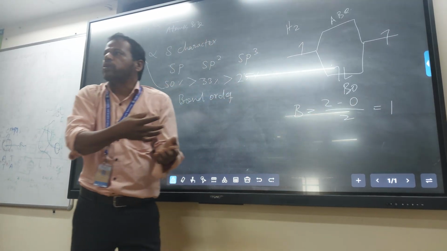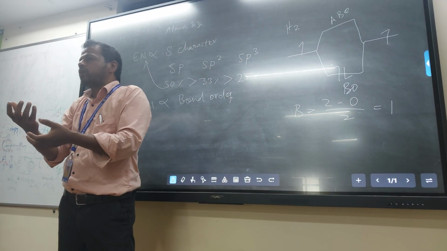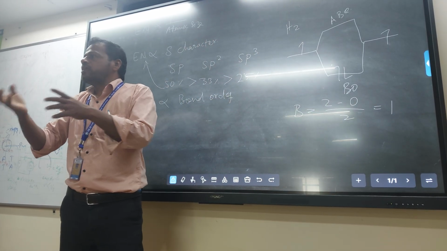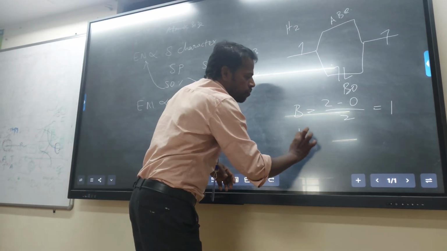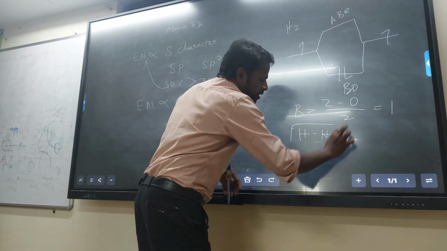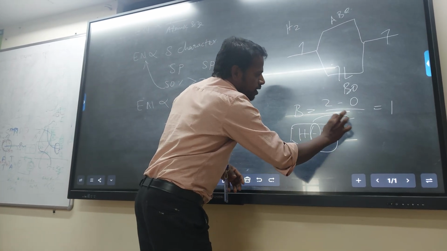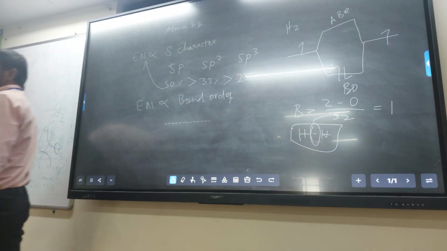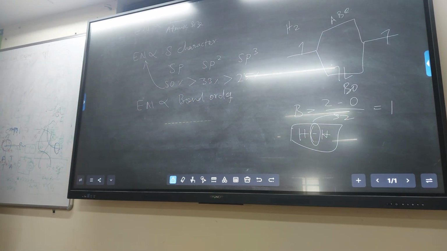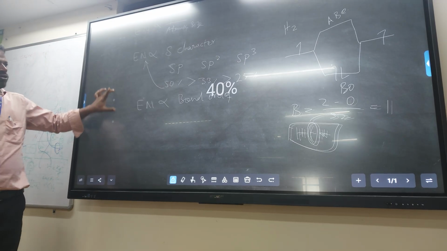Bond order is 1. What is the meaning of bond order being 1? The bonding from one atom to another atom, H bond H. This is the meaning of bond order. Okay, so bond order increasing means electronegativity also increasing.